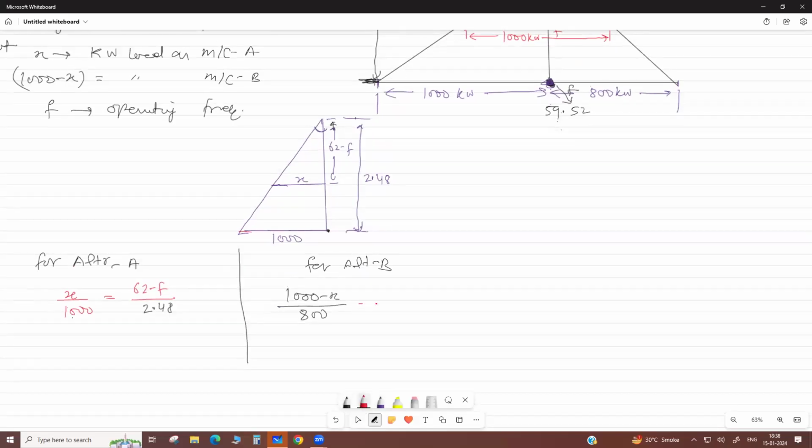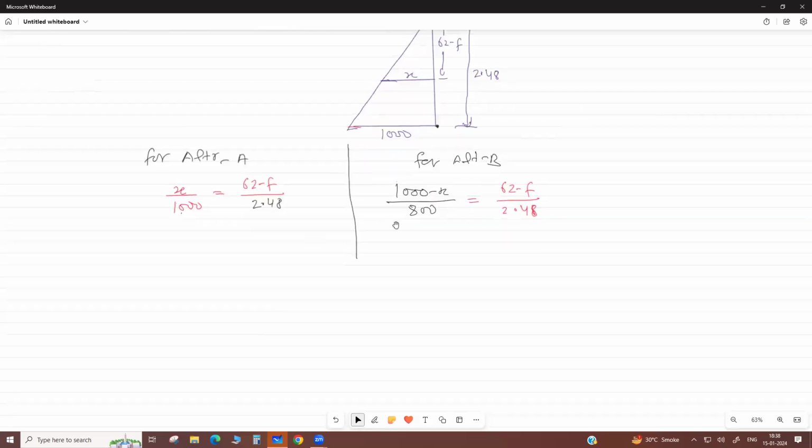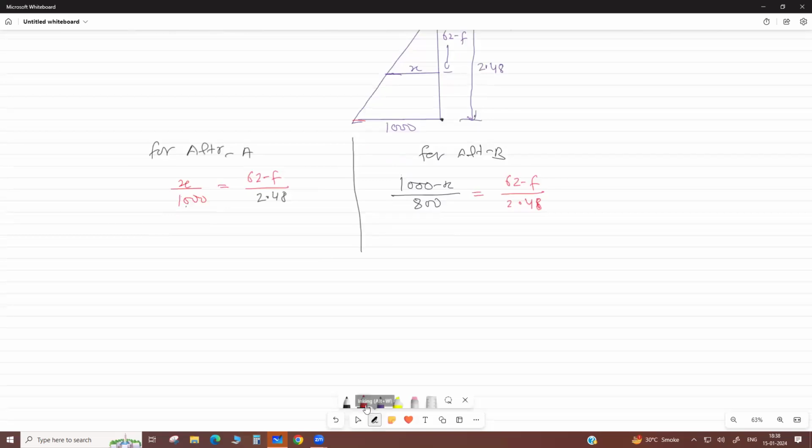Because they have the same speed group setting, it means this side is same. Okay, sometimes it is different. So this is equation 1, this is equation 2. Now you know their left hand side are equal, 62.